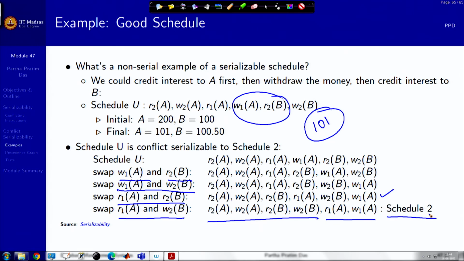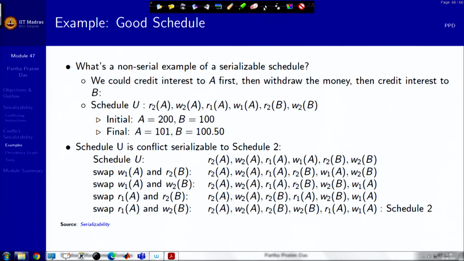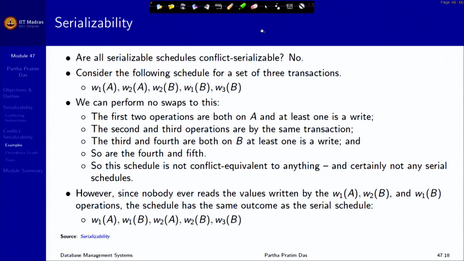So, you can see that every concurrent schedule is not serializable, but there are concurrent schedules which are serializable, and conflict serializability is trying to tell us that. So, the final question is, if a schedule is conflict serializable, it is obviously serializable, right?